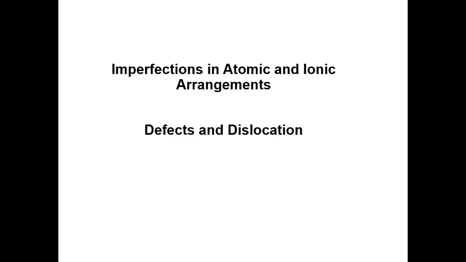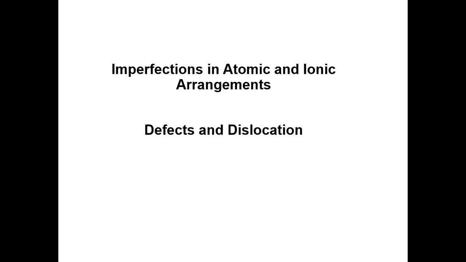But if you add a certain different element, those impurity atoms can enhance the strength or other properties like corrosion resistance. So the imperfections are important when you choose a certain material for a specific application.